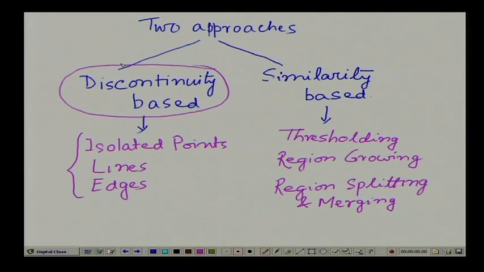So, first we will start our discussion on the discontinuity based image segmentation approach. As we have already said, in the discontinuity based image segmentation approach, our interest is mainly to identify isolated points, or we want to identify the edges present in the image, or we try to identify the lines present in the image.